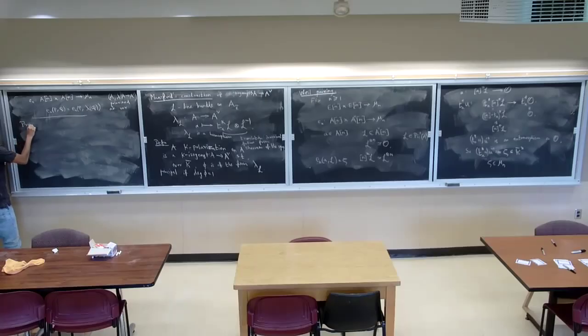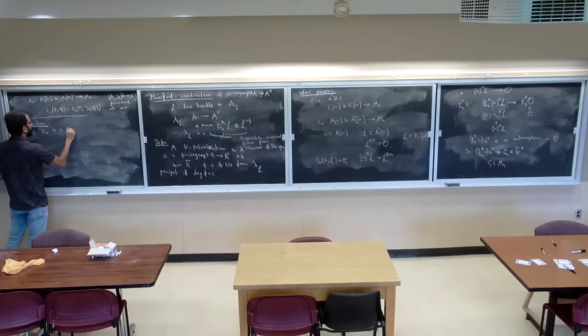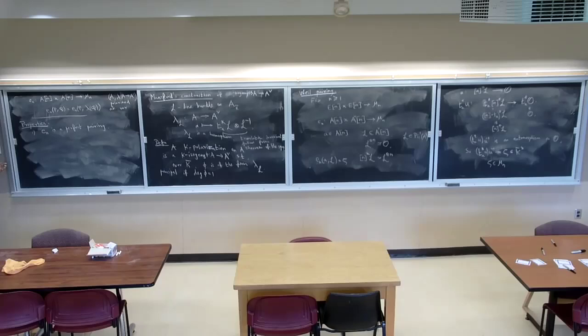Okay, so properties of this pairing. Let's say first, En is a perfect pairing, meaning that both the left kernel and the right kernel are 0. So if something pairs trivially with everything on the other side, then it has to be 0. So it's a perfect pairing.